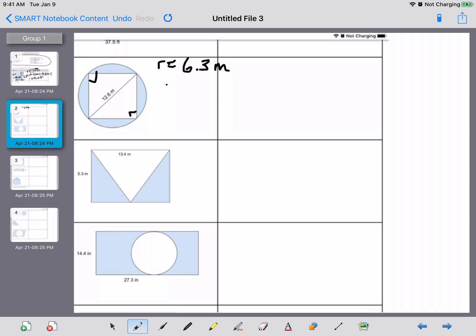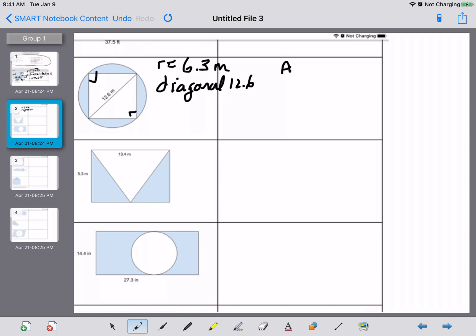The diagonal of my square is 12.6. I'm going to use something that's going to be kind of fun in this.